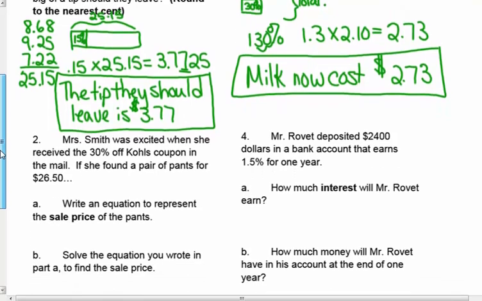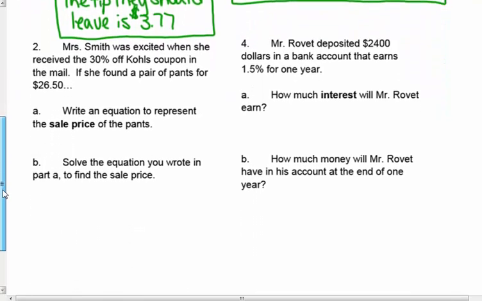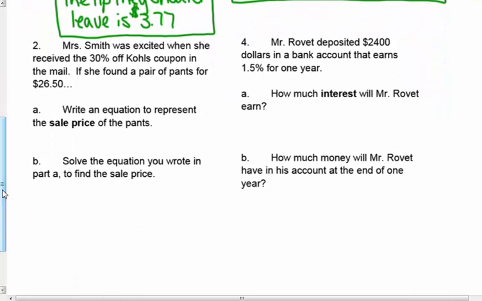Number 2. Mrs. Smith was excited when she received the 30% off Kohl's coupon in the mail. If she found a pair of pants for $26.50, write an equation to represent the sale price of the pants. Equation and sale price. So what's it going to cost Mrs. Smith, who has a 30% off coupon, to buy a pair of pants for $26.50?